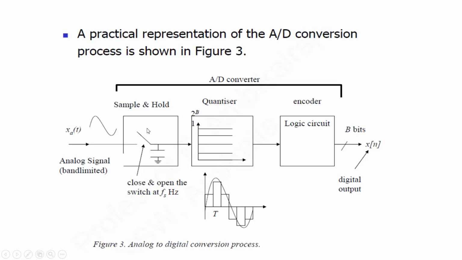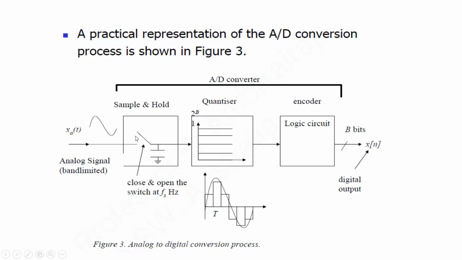Now once this switch is open, the capacitor will not have any path to leak. So therefore, the capacitor will not have any path to discharge, and the voltage will remain held at that particular voltage point.